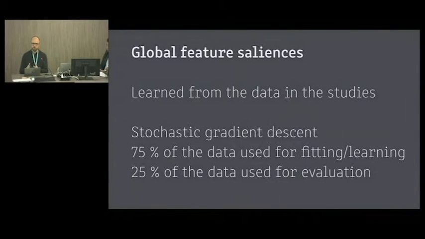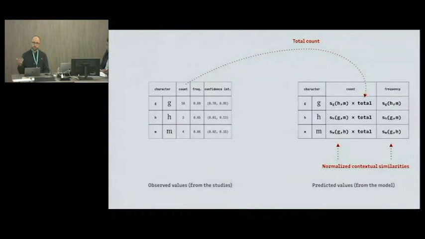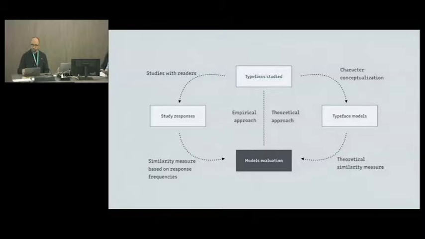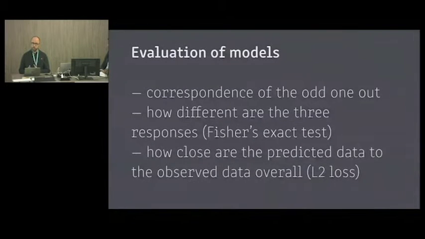And the closer you get, the better the global feature saliences you have. And then I replicate the results. On the left, you get the results from the participants. On the right, you get the formula from how I compute it using the model. That's just too technical, I guess. And then you can compare.